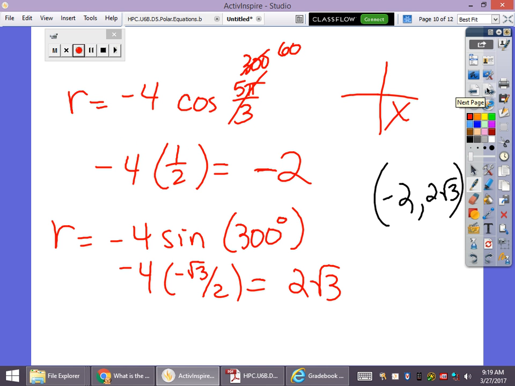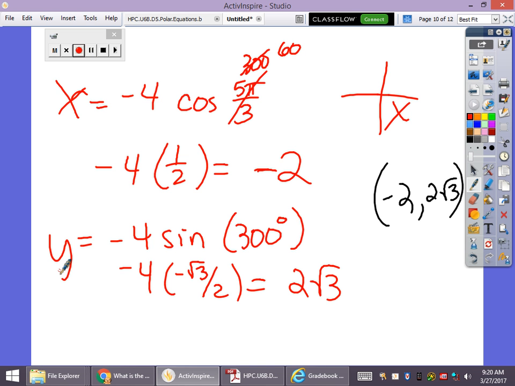All right, number 1. We have x equals -4 cosine 5/3 pi. Sorry, that shouldn't be r, that should be x. I wrote this wrong. This should be x and this should be y. Okay, so x equals -4 cosine 5/3 pi, and y equals -4 sine 5/3 pi.